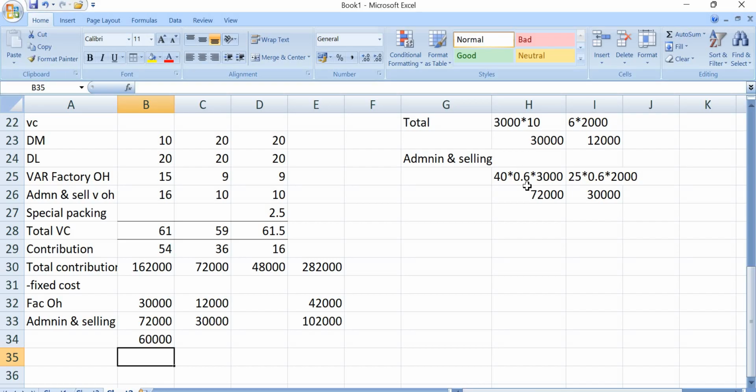That is 60,000 is my profit. So together 1,38,000 is my profit.